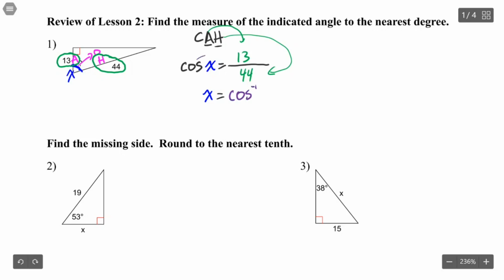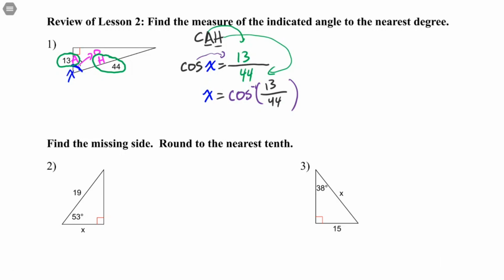Remember when you move cos to the other side, it becomes cos inverse. So we are going to cos inverse our fraction, 13 over 44. When you plug that into your calculator correctly, you should get 73 degrees. If you don't get 73 degrees, double check my last video to make sure you're using your calculator correctly, because that's probably the mistake you're making.